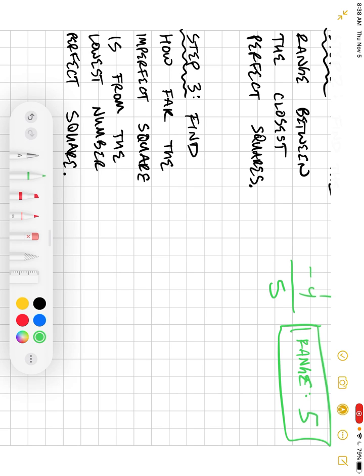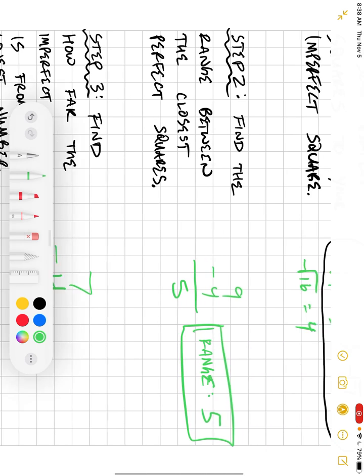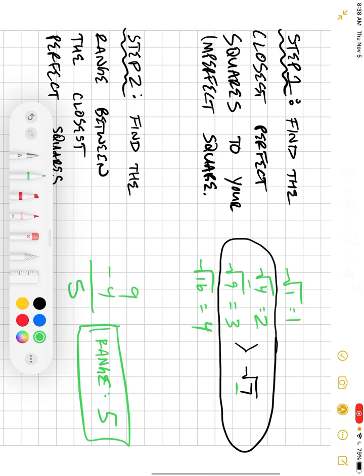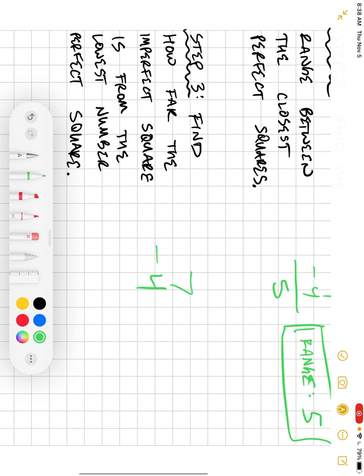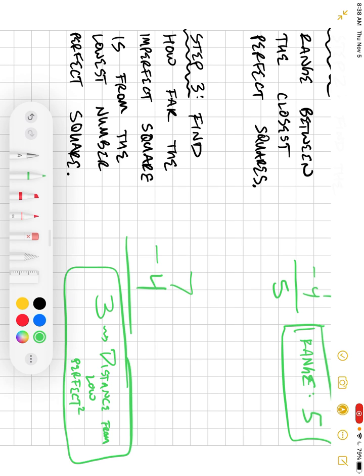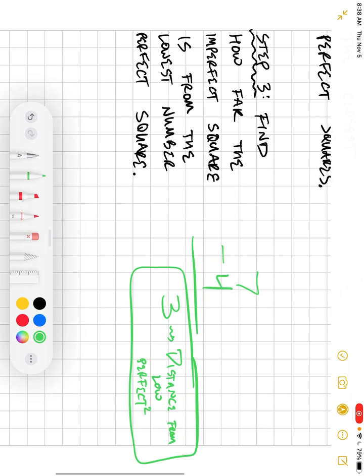So 7 is our imperfect square, and 4 was the lowest. 7 was our imperfect square, 4 was the lowest perfect square. So we're going to do 7 minus 4, and we're going to get 3. And that's the distance from the low perfect square. Okay?